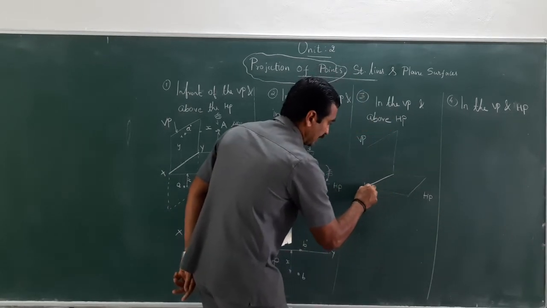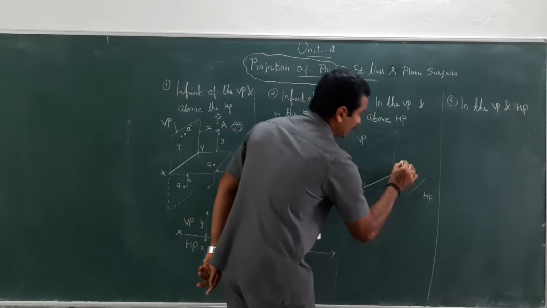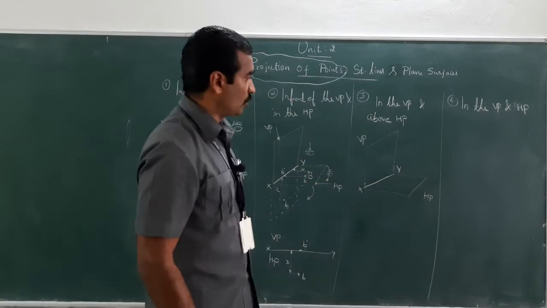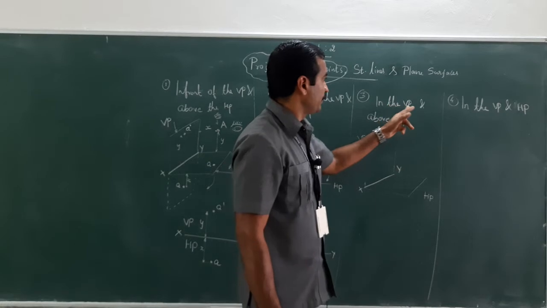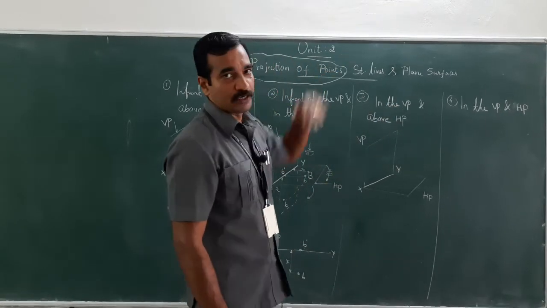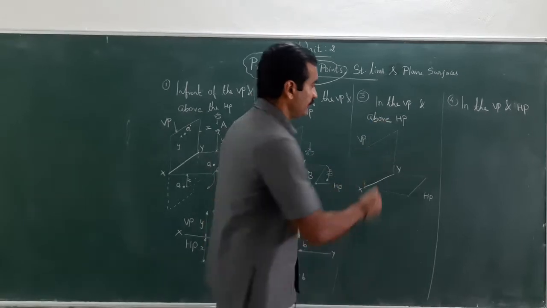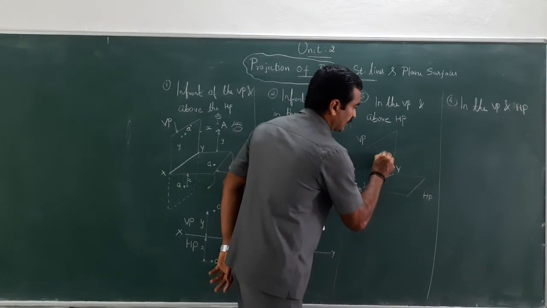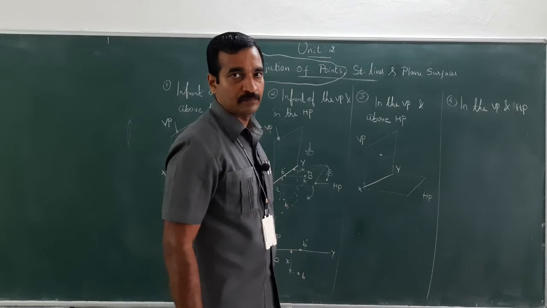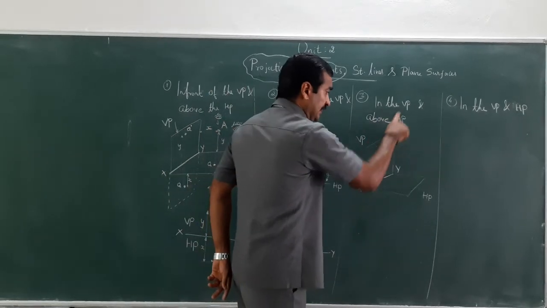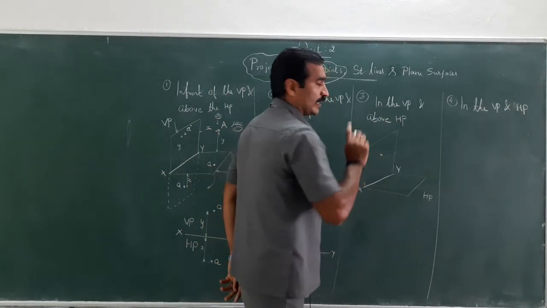And this line, the intersection line, is nothing but the reference line or the ground line. Here the condition is in the VP and above HP. That means some distance above the HP and in the VP. That means the object is somewhere here. Right? Object is in the VP and above HP.